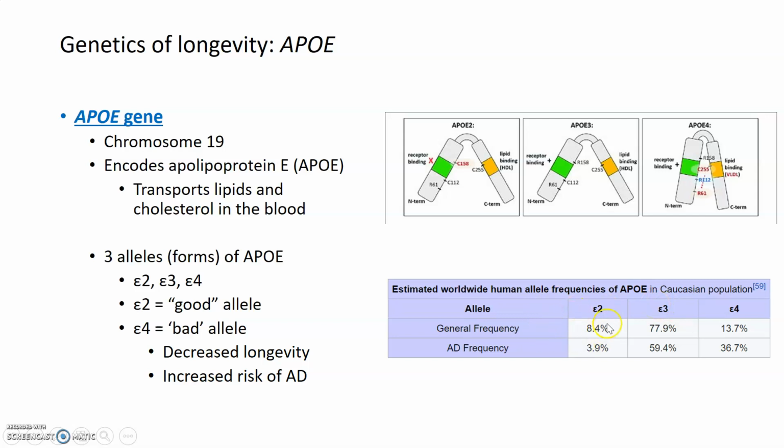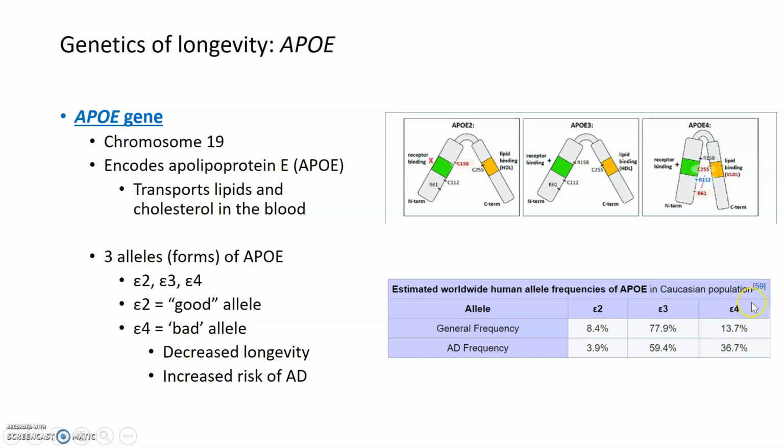So not that many people have the good, or E2, allele, and not that many people have the E4 as compared to the E3. And that's the general frequency of these three alleles in a Caucasian population. But the frequency of Alzheimer's disease is dramatically increased, especially compared to the portion of people who have the E4 allele.